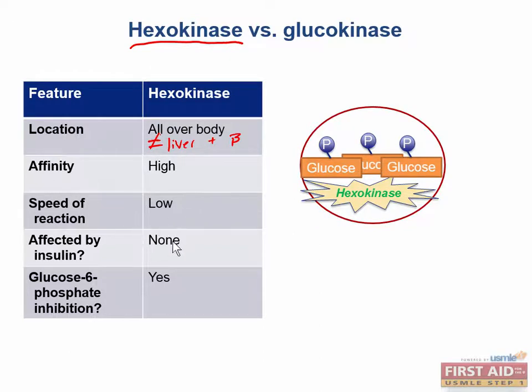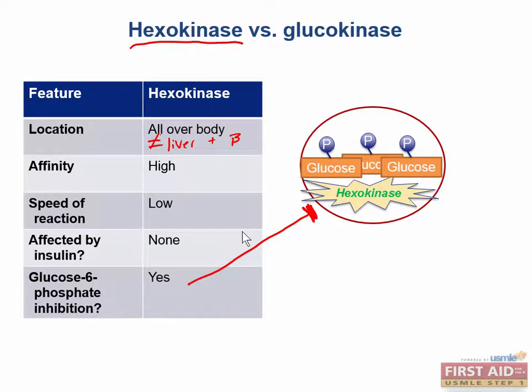Hexokinase is not going to be affected by insulin, but it does receive some negative feedback from high amounts of glucose 6-phosphate. So it will have glucose 6-phosphate inhibition. Remember, glucose 6-phosphate is the product of this enzyme. It's going to take a glucose, attach a phosphate to it, and now it's glucose 6-phosphate. So if you have high levels of glucose 6-phosphate, you're going to get some inhibition.